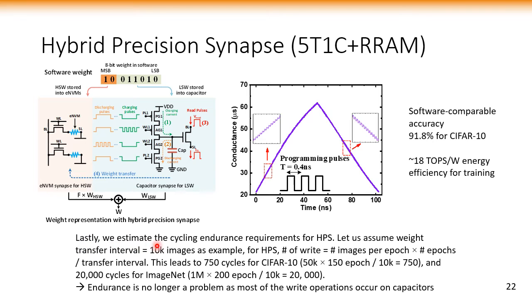Lastly, we can estimate the cycling endurance requirement for this hybrid precision synapse. So for example, let's assume the following assumptions.